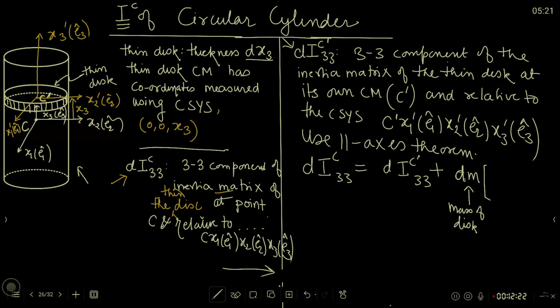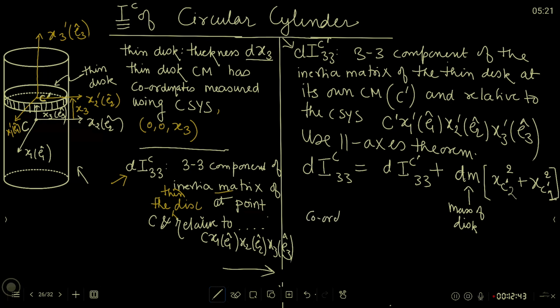And then x C prime 2 square plus x C prime 1 square, right?